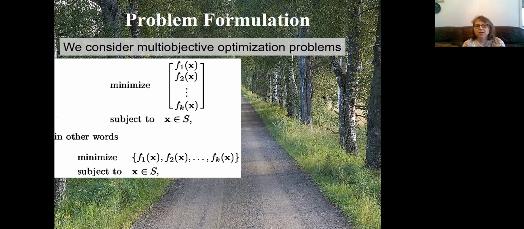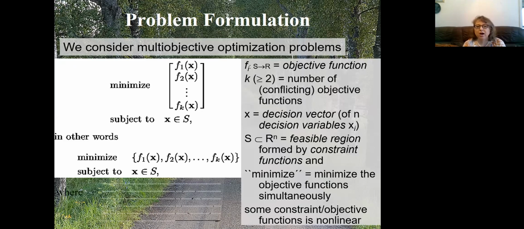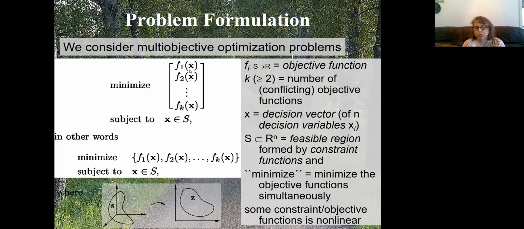So the problem formulation, as said, we have several functions to be optimized, and I denote their number by K. And the X's are the decision variables that I mentioned earlier that tell us what decision to be made. And these functions typically are conflicting. If there's no conflict among these objectives, then there's no need for multi-objective optimization methods.